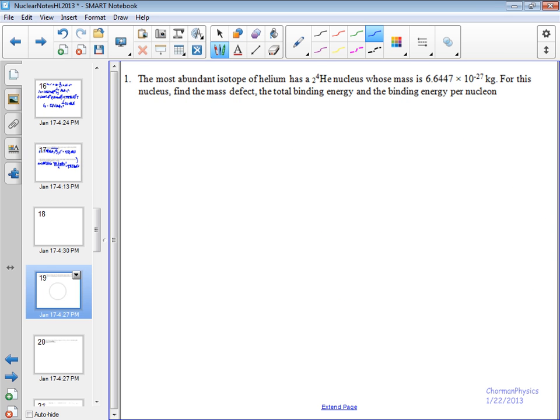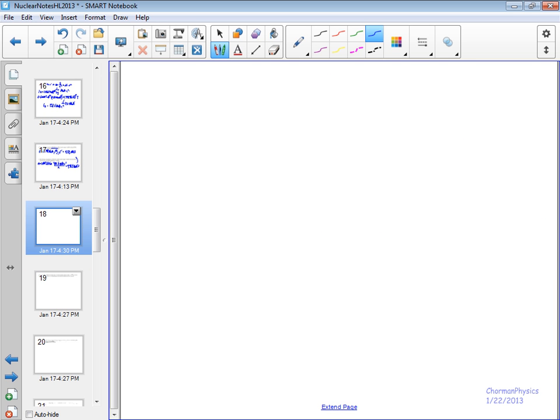What this leads us to is the next page, where we see that the total mass of a nucleus is always less than the sum of the masses of its nucleons. I already mentioned this. So the total energy of the nucleus is less than the combined energy of the separated nucleons.